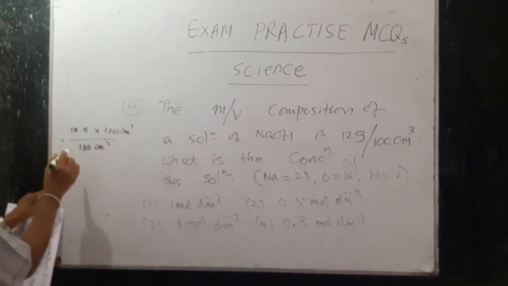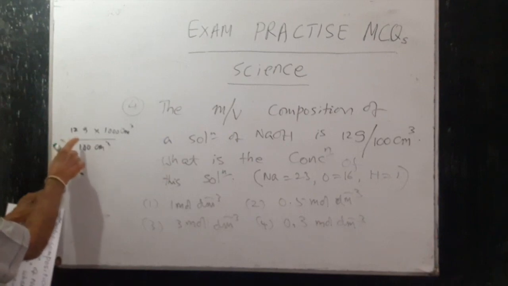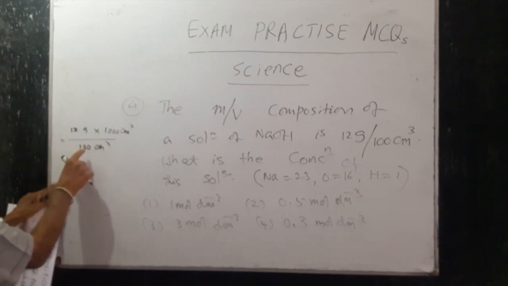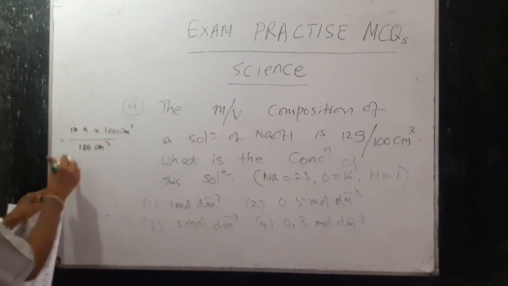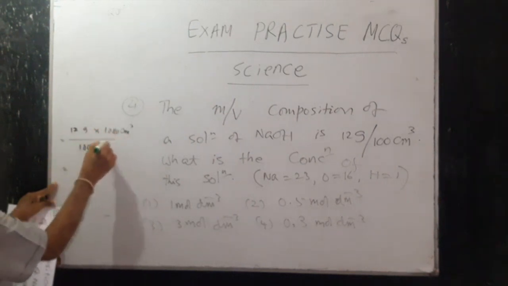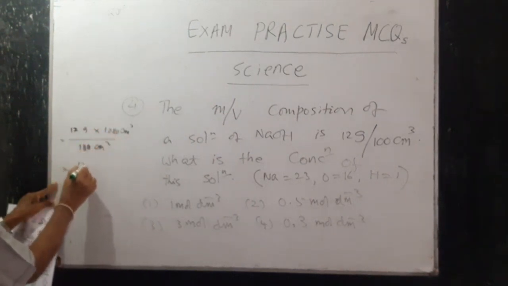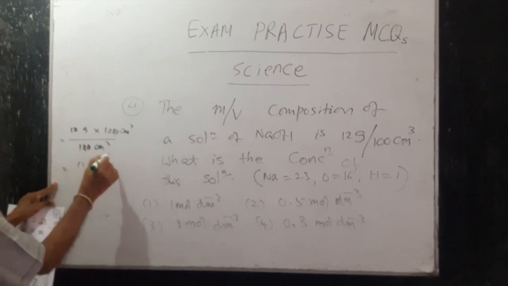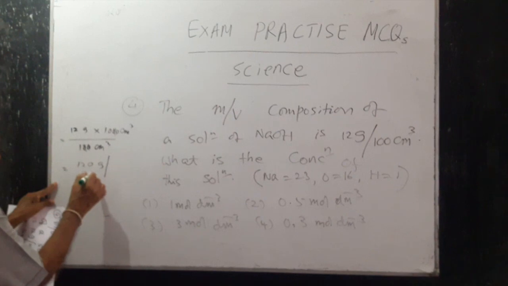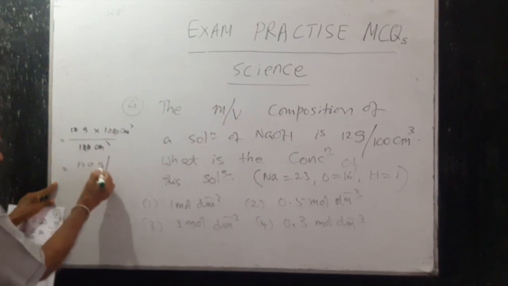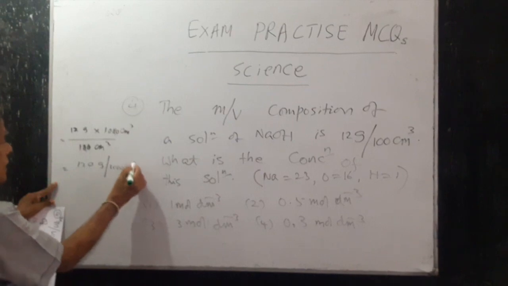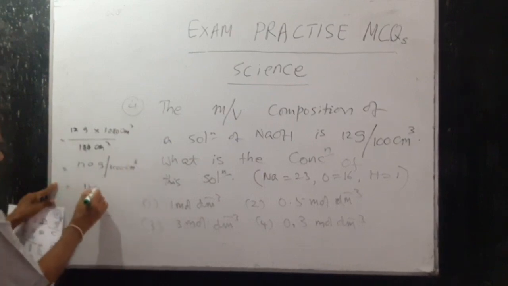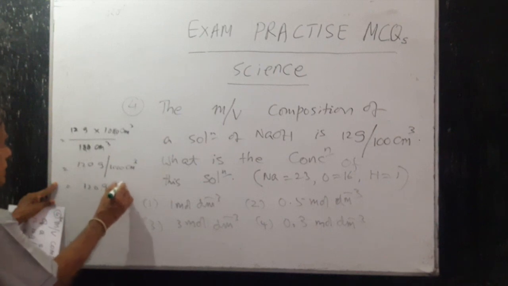Now, mass of sodium hydroxide present in 100 cubic centimeters is 12 grams. Therefore, in 1 cubic decimeter, 120 grams of sodium hydroxide is present, that is 120 grams per cubic decimeter.